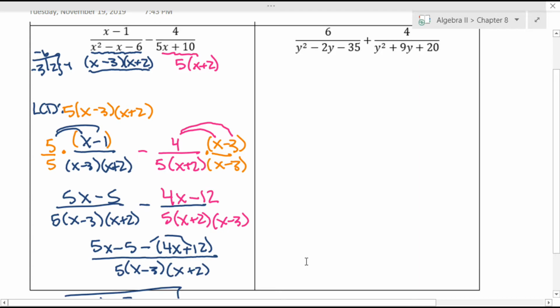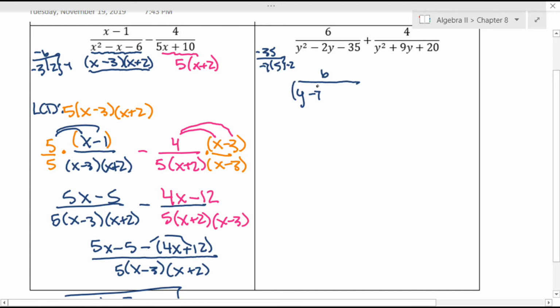So again, we're going to factor these two things. I'm going to write it in factored form. What are two numbers that multiply to negative 35 and add up to negative 2? We're going to keep the 6 on top. It would be negative 7 and 5.